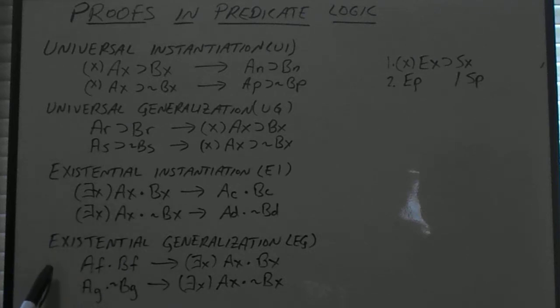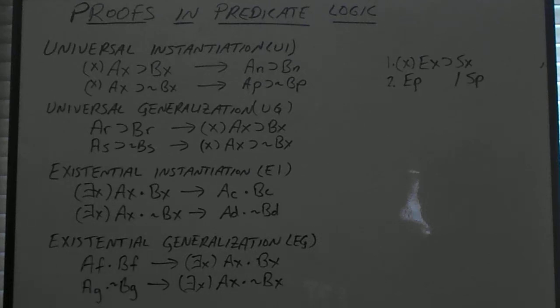And then existential generalization, EG, is working back the other direction. So if I have, for example, Af and Bf, and I want to do an existential generalization, I'm going to add the existential quantifier and replace the basic letter, in this case f, with the x. Okay? And same thing again with the negative, Ag and not Bg.